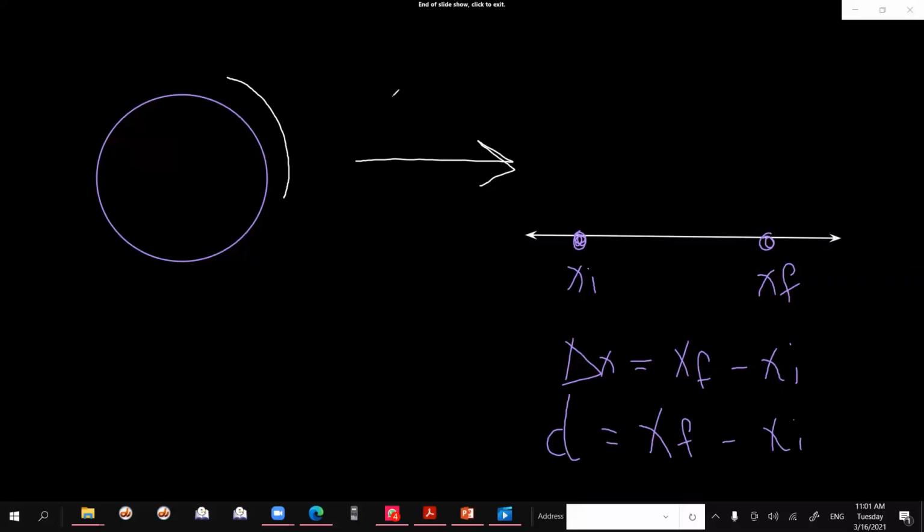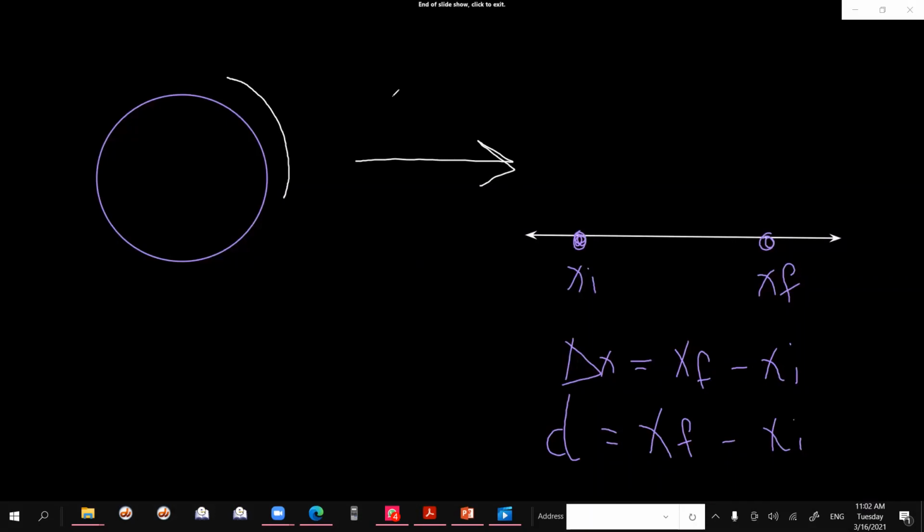Now, as we have positions and displacements for linear motion, we have the same terms in rotational motion: an angular position and an angular displacement.